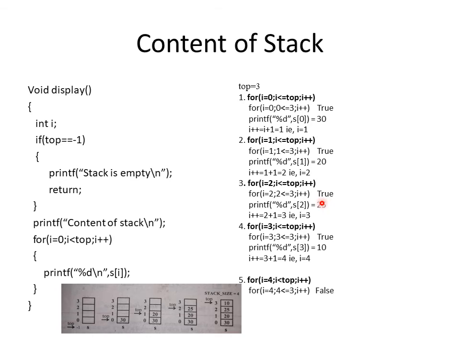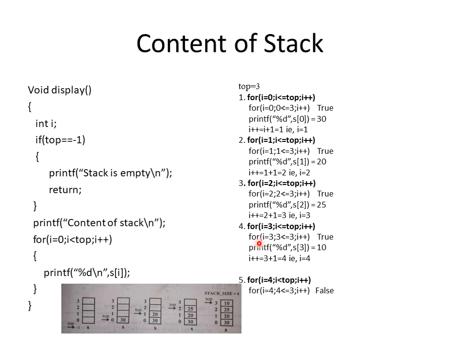After that, I am incrementing once again, I plus plus, that is I equals I plus 1. What is the value of I? Here it is 2 plus 1, that equals 3. Now the I value is 3. I is less than or equal to top.